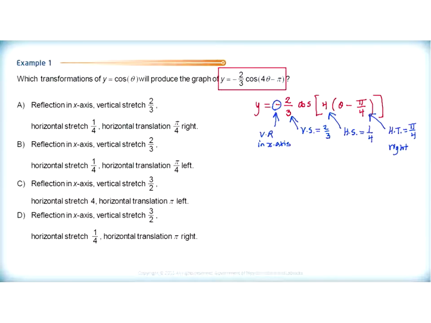Vertical stretch equal to 2/3, so that eliminates C and D as multiple choice possibilities. So then a horizontal stretch equal to 1/4 and a horizontal translation of pi over 4 units to the right corresponds with A as the multiple choice item.